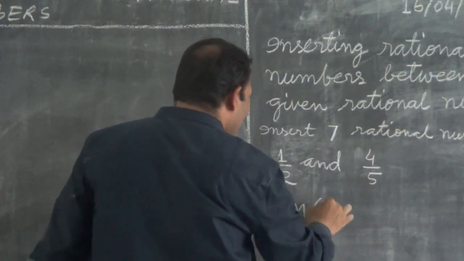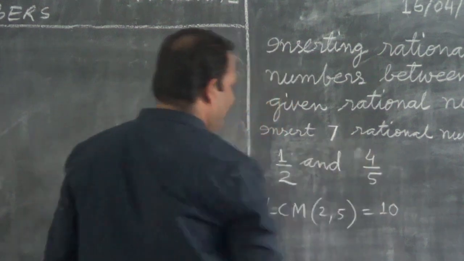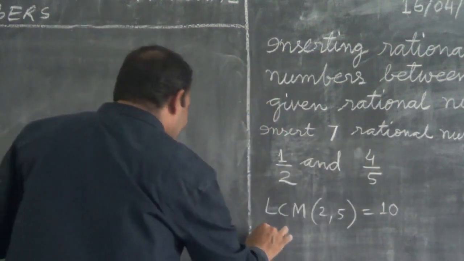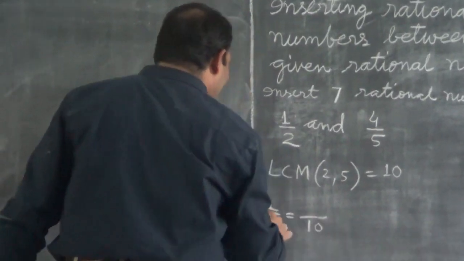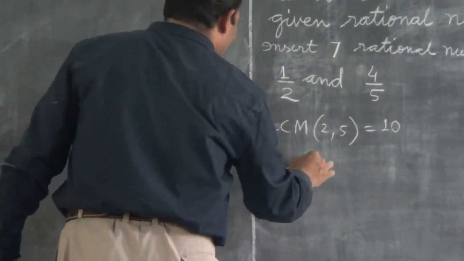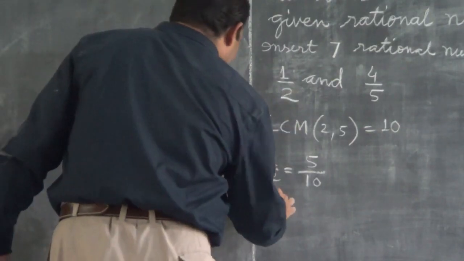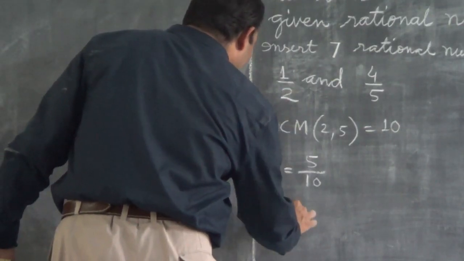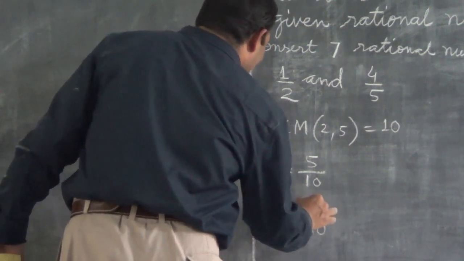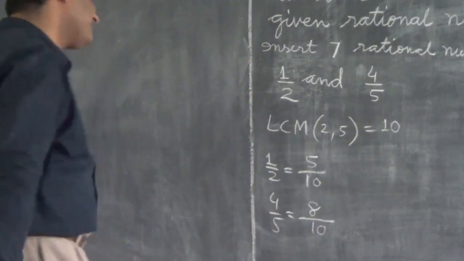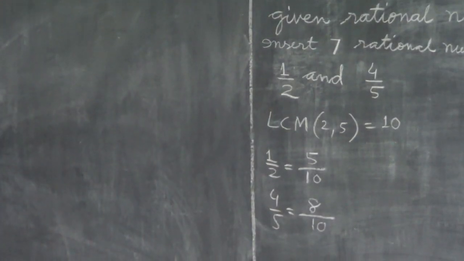LCM of 2 and 5 equals 10. Here 1 by 2 equals how much by 10? 2 5s are 10, so 5 by 10. And 4 by 5 equals how much by 10? 5 2s are 10, then 4 2s are 8. So I got 5 by 10 and 8 by 10.